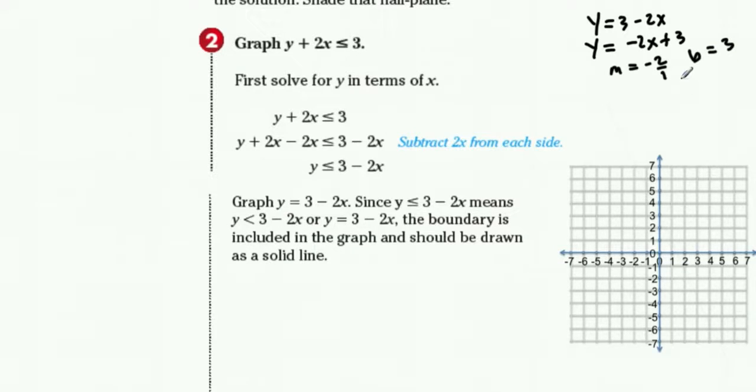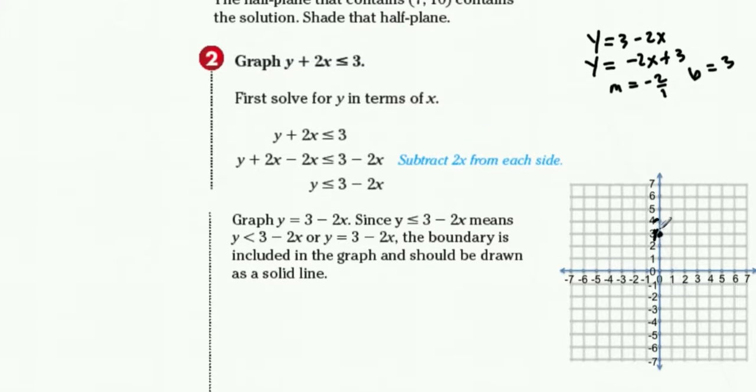First we plot our y-intercept, which is 3 right there, and we use our slope to find our other point, which is negative 2 over 1. We go down 2 times. Oopsie, let me undo that. We go down 2 times, 1, 2, and we go to the right 1 time, and that is our other point. So we connect those 2 points.